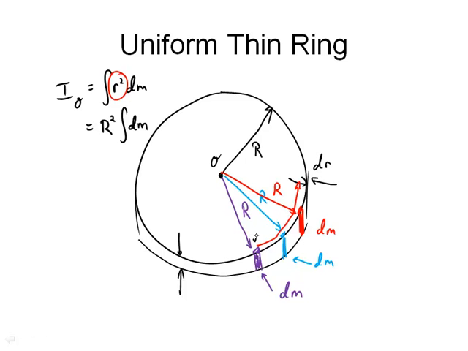So I add this mass plus this mass plus this mass all the way around this circle. And so that's going to give me M, we'll call that the total mass, R squared. So the integral of dm is the total mass, which I'll label capital M. That's the moment of inertia then of this uniform ring. Thin ring now, a thin ring.